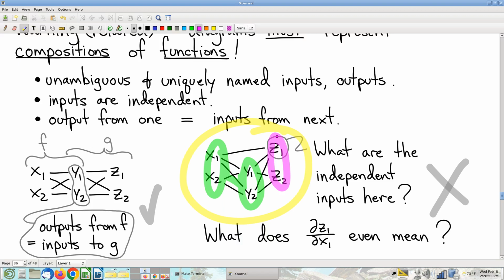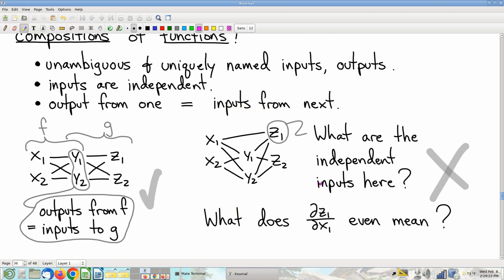They're not. z1 depends also on x1. So the outputs from the green function just aren't exactly equal to the inputs of the purple function as I'm trying to make it fit with all these requirements. You can't. It doesn't work. So this is a mess.